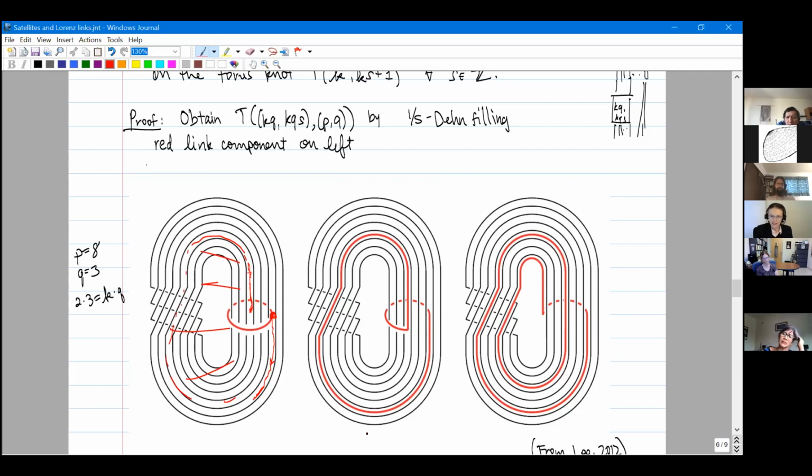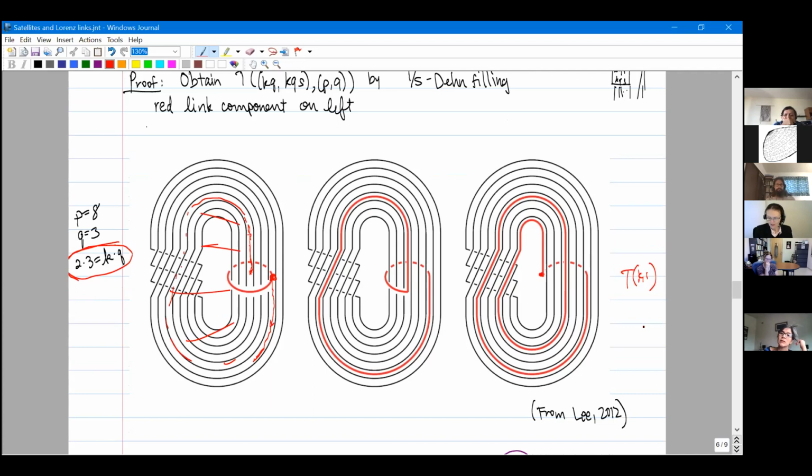Okay, and then he did it again. And the trick is, because we are encircling exactly some multiple of q strands, this k times q strands, after you do this k times, you are going to end up with this nice connected, basically it's a (k, 1) torus knot is what the red has become.